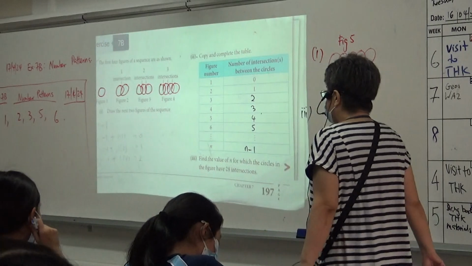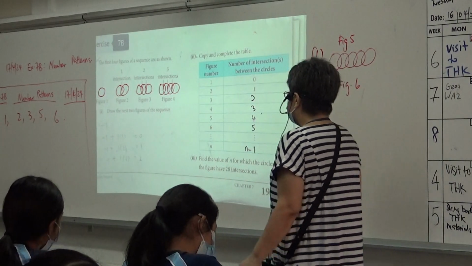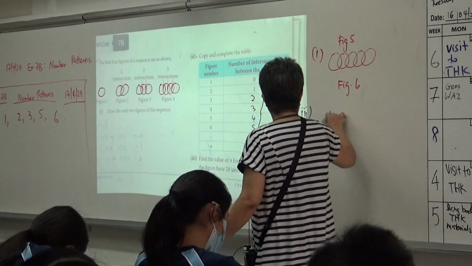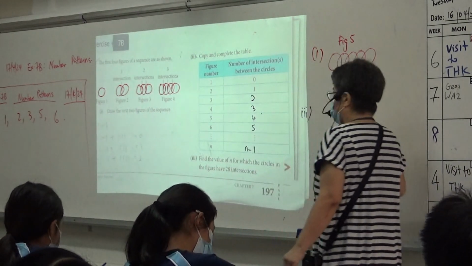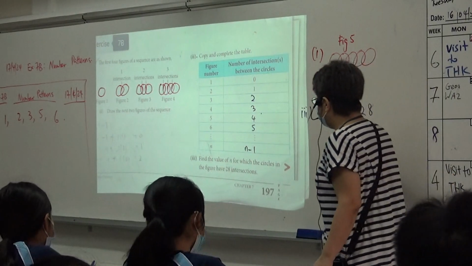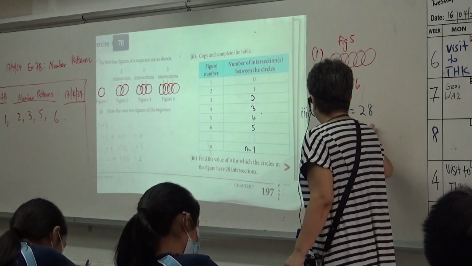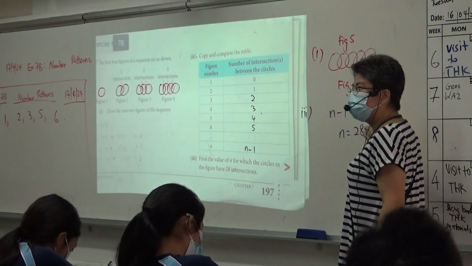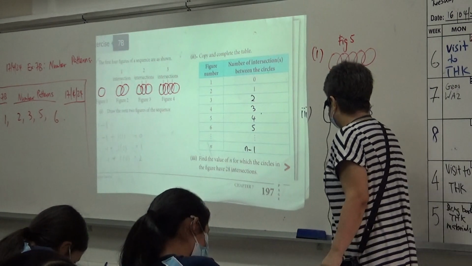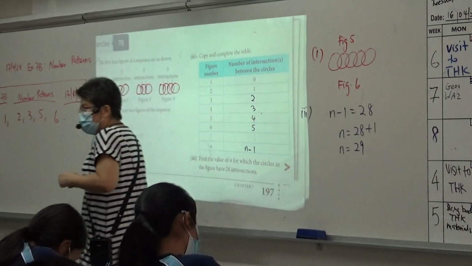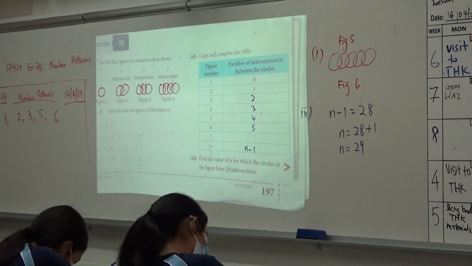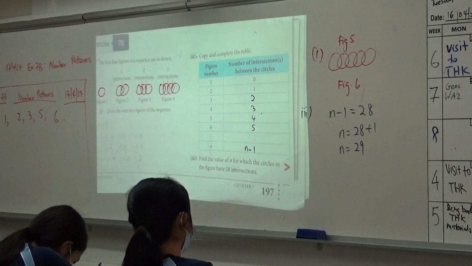Find the value of n for which the circles in the figure have 28 intersections. That means n minus 1 is 28, right? What is the value of n? Plus 1. So what's n? 29. Are we clear? This should be the way that we present. Not any old how. Everybody clear?